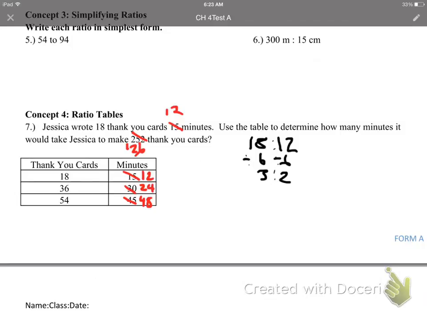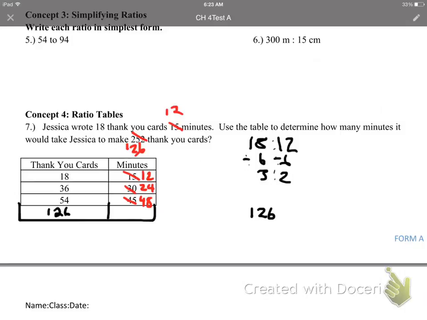So if we were trying to finish our table, we are finding for 126 thank you cards. And I know that those are the thank you cards. So I can either work from my 18 or from my 3, but I know that I want to make it 126.